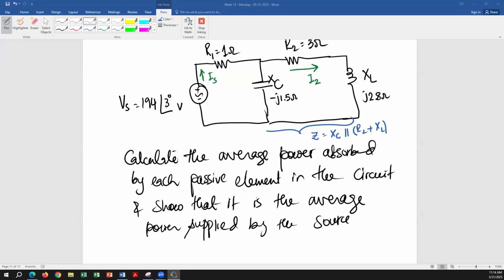That came out to be 0.631 minus j1.77 ohm. So this is the parallel combination of this. If you're getting a different result, then let me know.